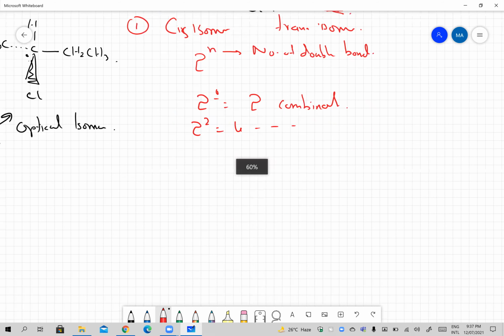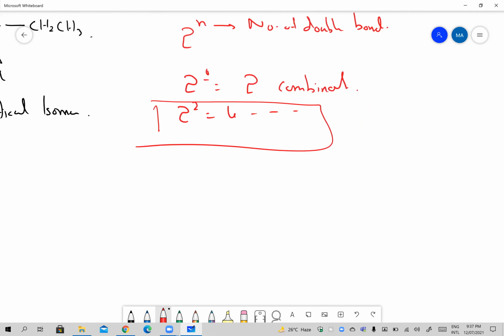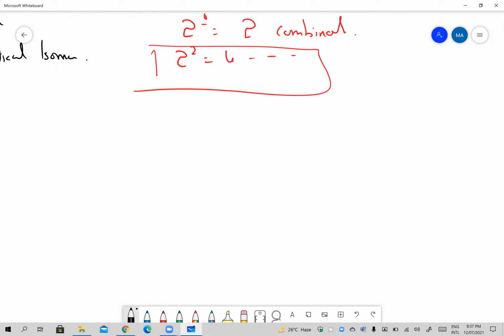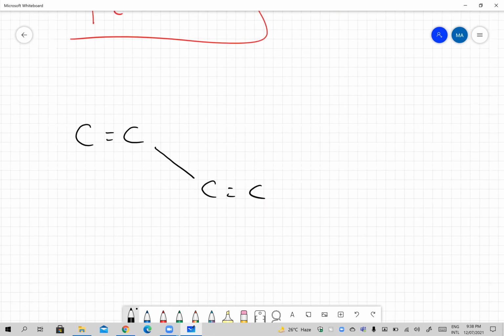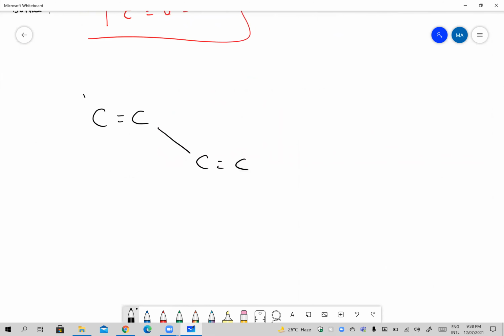I'm going to give you an example of this type, where there are 2 double bonds producing 4 combinations. This could be, let's say, carbon to carbon and then another carbon to carbon. So let's say there's a hydrogen on one side and there's another hydrogen and Cl, hydrogen and Cl.